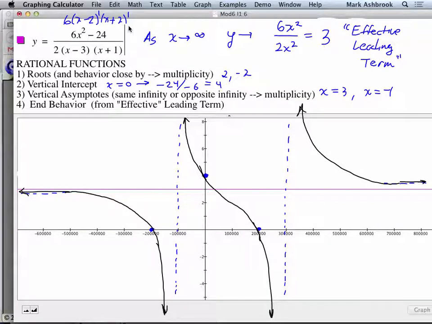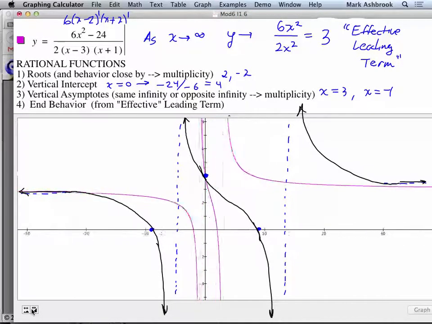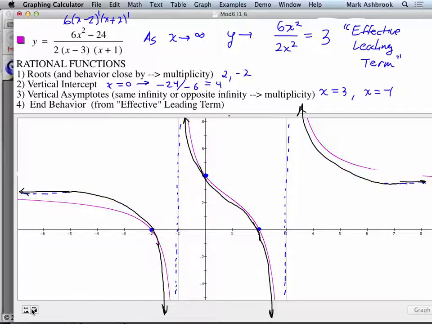And what do we get? We get 3. That was what we predicted for the end behavior. The effective leading term was 3. If I zoom back in, then we'll see all the middle behavior once we get to these small integers. And that's pretty cool.